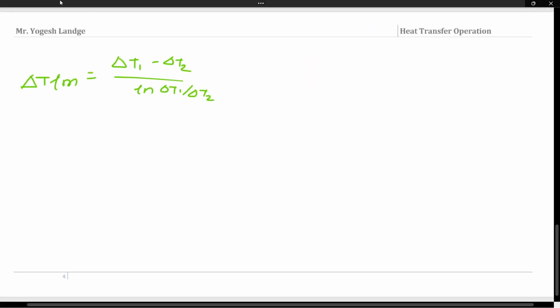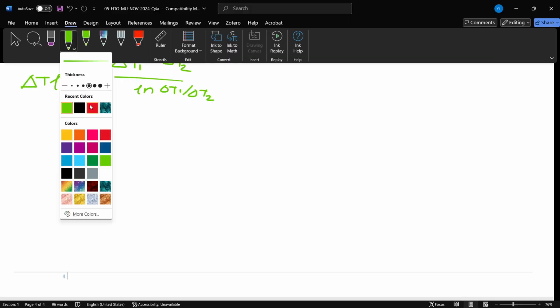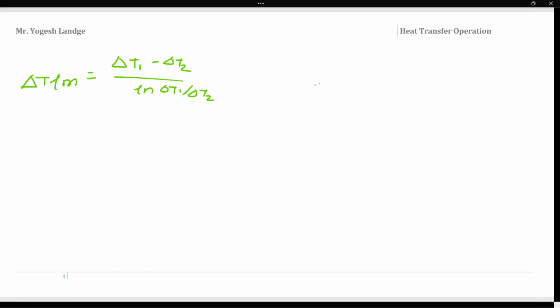It's simple, you can just draw a diagram like this one and mention counter current flow. Mention the temperatures: hot liquid flow in, hot liquid out, cold liquid in, and cold liquid out. So we have all four temperatures with us.